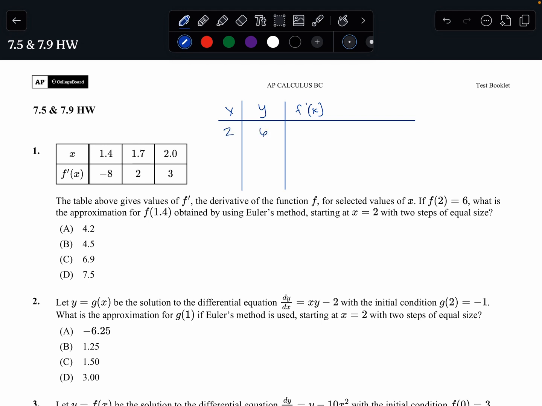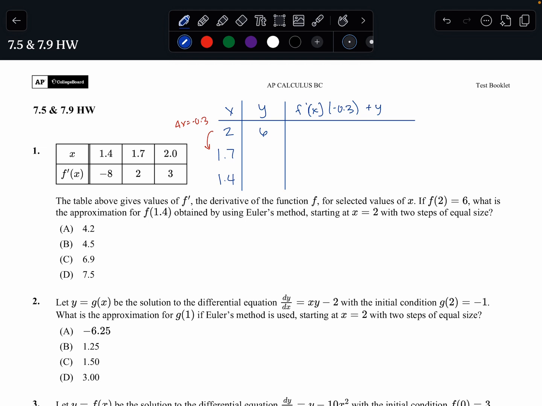2 and 6. We want to get to 1.4 in 2 steps, which means that the next one's going to be 1.7. So does that mean that delta x is equal to negative 0.3? So times negative 0.3 plus y. And I'm going to get a calculator.